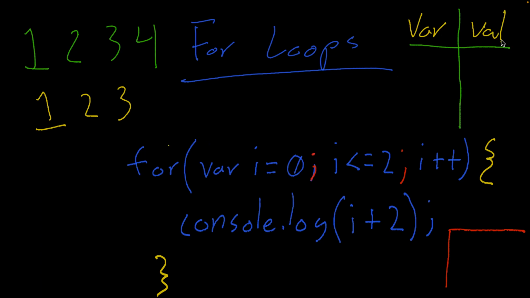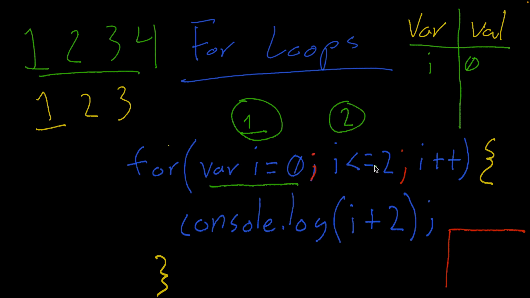We're on the first sequence of steps, 1, 2, 3, 4. So let's go through that. Number 1, we read this here. What does this say? Var I equals 0. So we say I equals 0. Then we look at step 2. Is I less than or equal to 2? Yes.